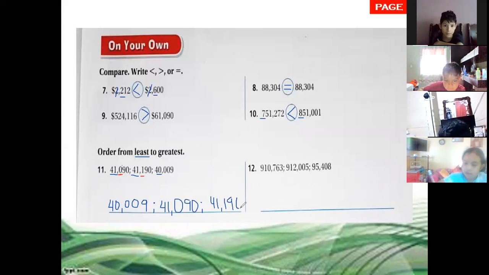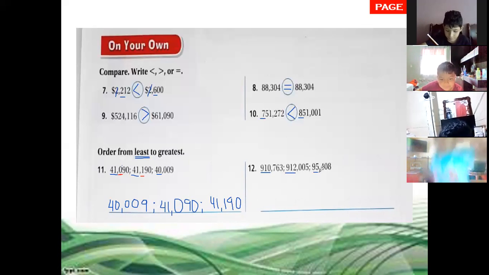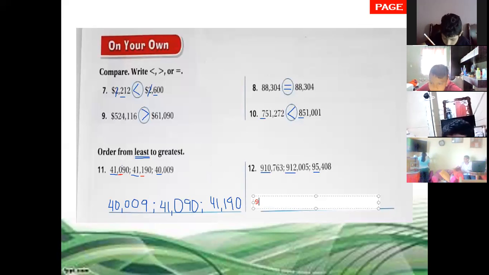Next exercise. The same instruction, from least to greatest. Here we have 910, 912, and 95. What is the least number? 95. Yes, so it's 95,408. Semicolon. And what is the next amount from least to greatest?